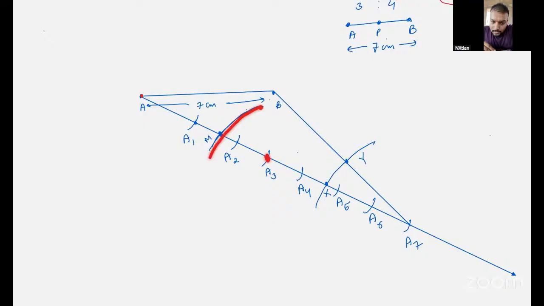It is not necessary that it will come after A2 or after A1. Depending upon your diagram, it can come anywhere else. The point which is touching this ray, you have to name as M. Okay, sir. The arc which we made with the compass from A3, we must name that point M. Perfect.